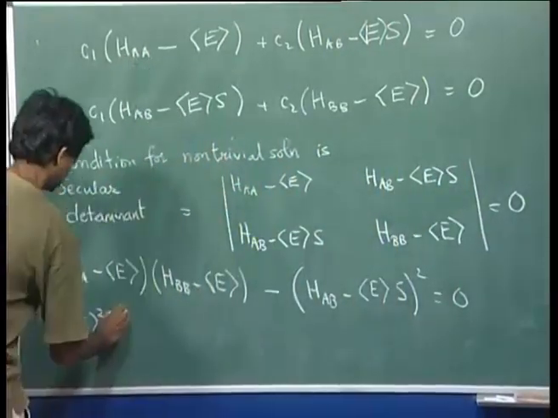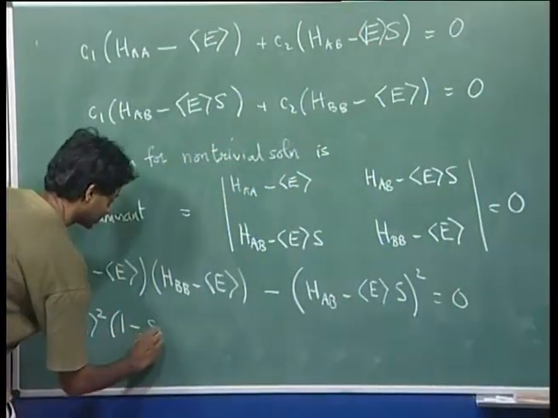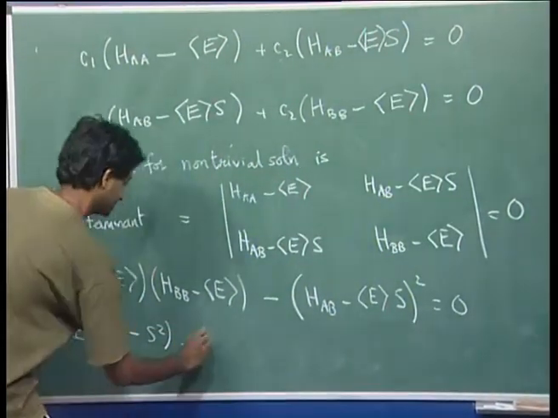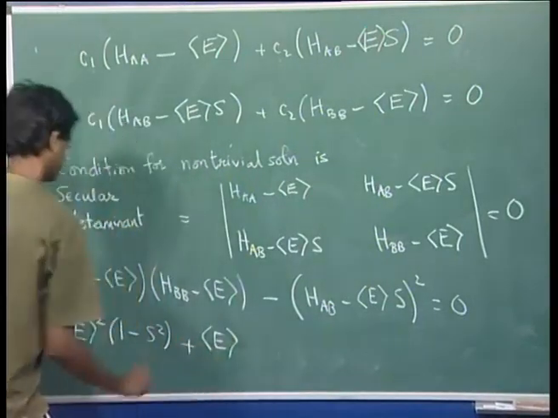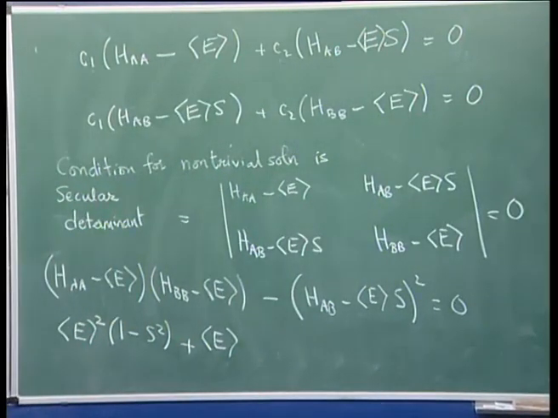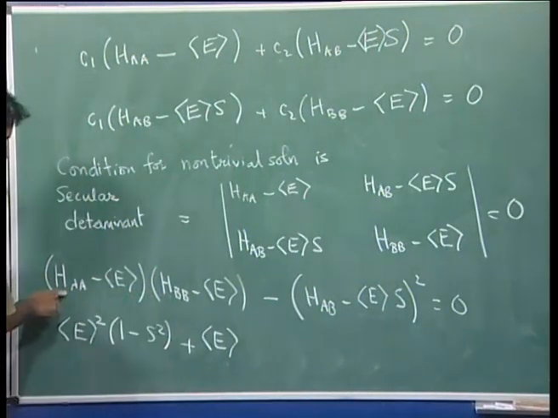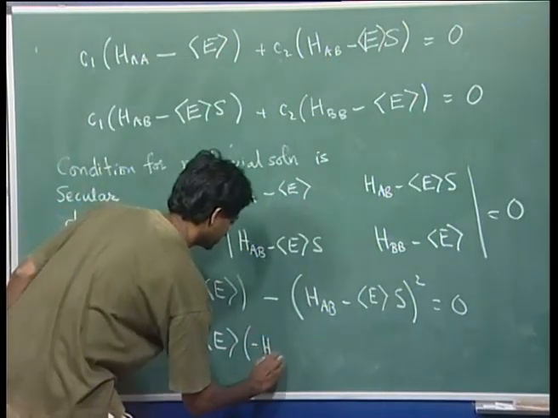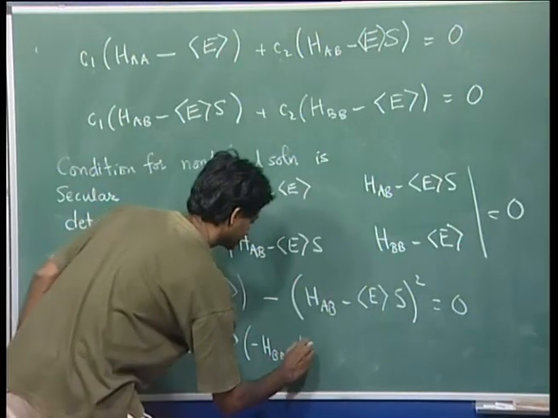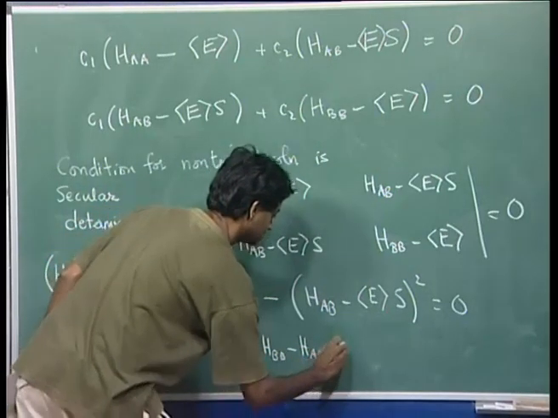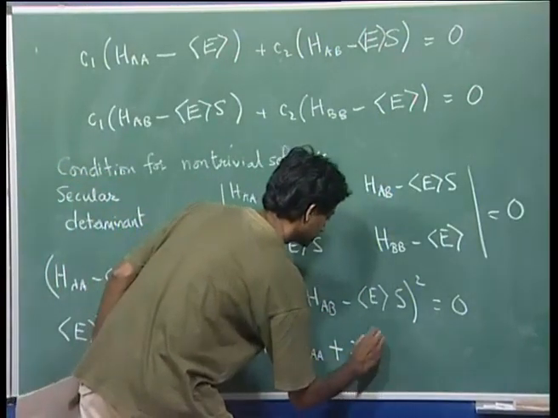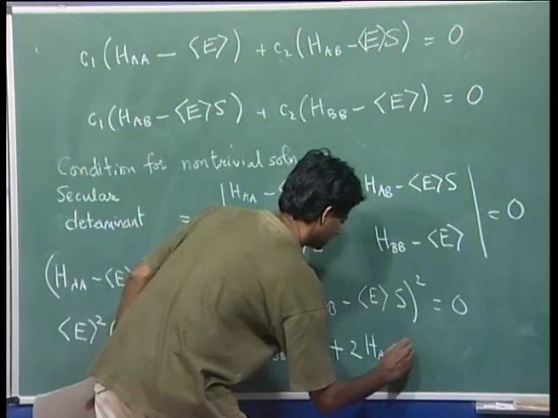So E square into 1 minus S square, plus E, and the terms containing E are given by minus HBB minus HAA, and you have minus HBB minus HAA, and in this case you will have plus twice HAB S.